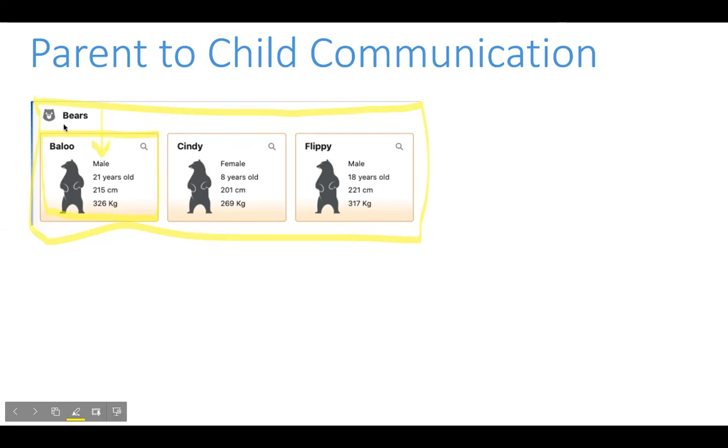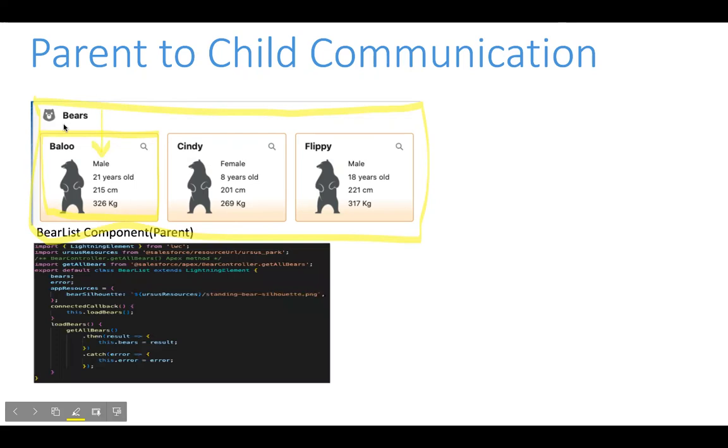Here in my parent component, I have an Apex class that is fetching all the beer details. Here you can see getAllBears. This is the Apex class. It is fetching all the beer details. And I am just imperatively calling that Apex class using connectedCallback. On this connectedCallback, I am just calling loadBears. On this loadBears, we are getting all the beer details from this Apex class.